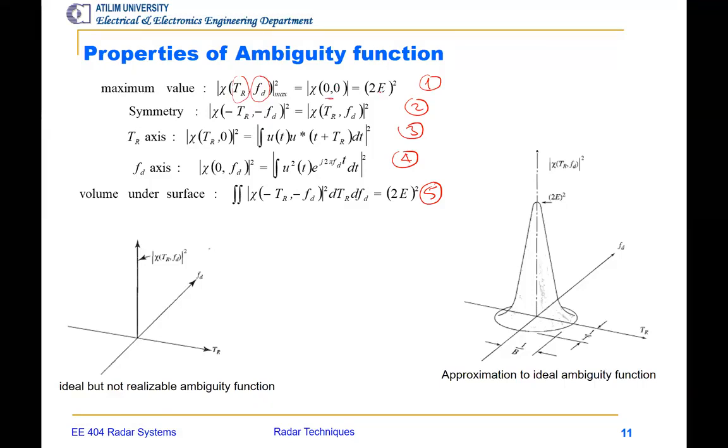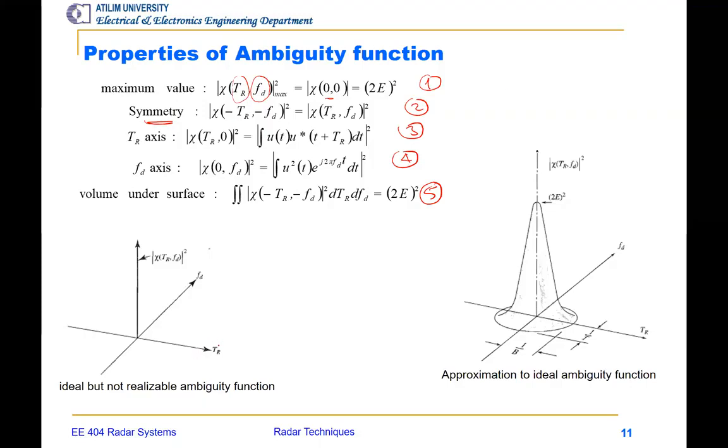It's simply related to the energy of the signal. There's a symmetry over the range and Doppler axes.